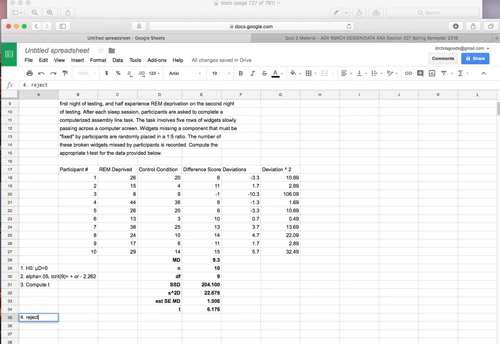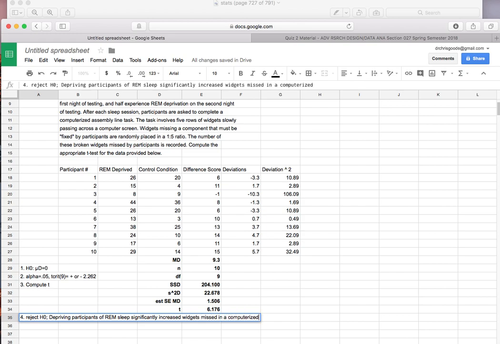So we're going to reject the null, and we'll conclude that depriving participants of REM sleep significantly increased widgets missed in a computerized assembly line task.